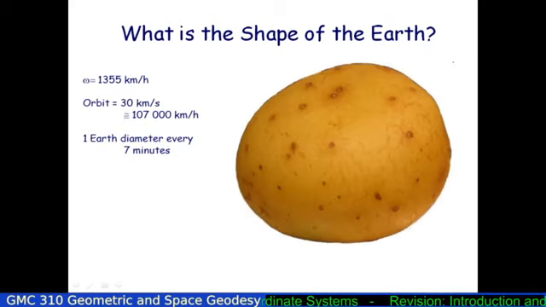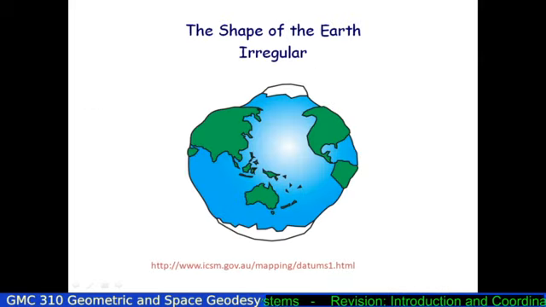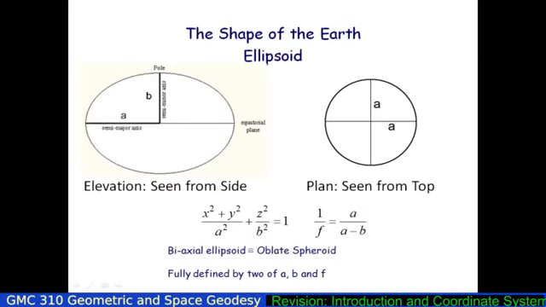First we had a look at what the Earth looks like. Obviously, you all know by now it's irregular, and you all know that we approximate it by an ellipsoid. Now, what do you need to know about the ellipsoid?